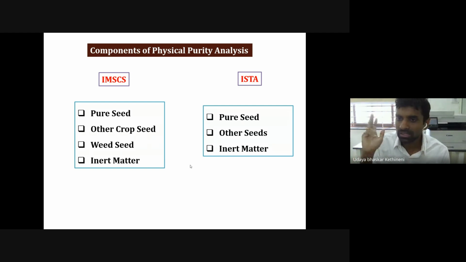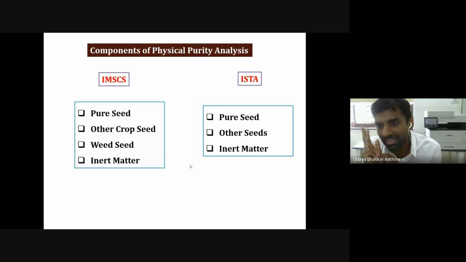Basically, pure seed means the seed that is represented as the same stated kind. That means if as a party I am telling it is a paddy district, the pure seed is of paddy. We are not bothered about variety level. Variety level will be taken care of at the ODVs. It is at the species level. Other seed means other crop seed and weed seed. Inert matter means what doesn't fall in the above two categories.